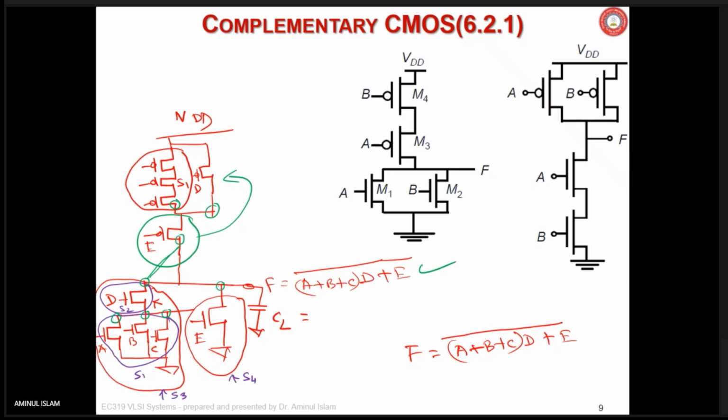Left and right doesn't matter. You have to see how many drains of different transistors are connected to the output node F. We need to connect as few drains as possible. Then part of the CL, the drain diffusion capacitance part, will be less.